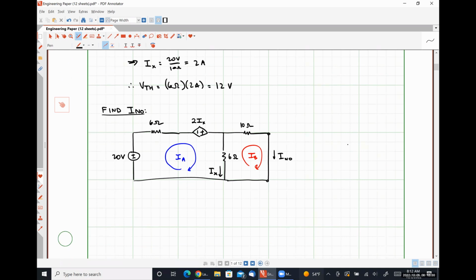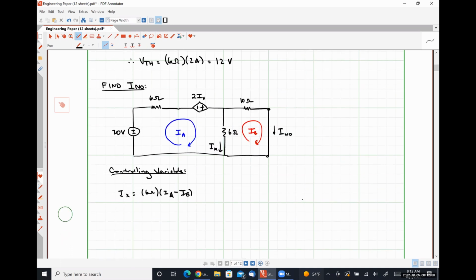We do have a dependent source, so my controlling variable equation is going to be Ix is equal to 6 ohms times IA minus IB.